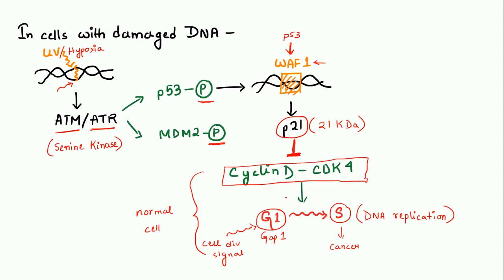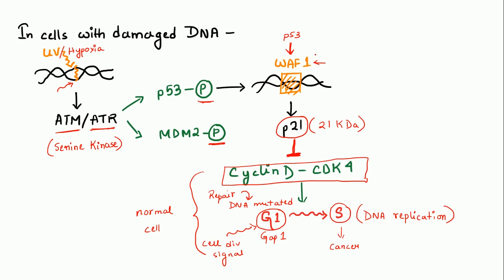So this is done because in a cell with damaged DNA, this buys the cell some time to repair the DNA. So if the DNA is mutated, for example, in the G1 phase, this inhibition gets the cell some time to repair this mutation, repair this damaged DNA.